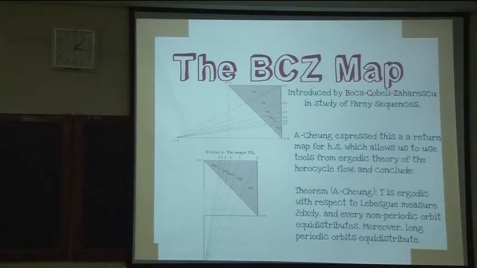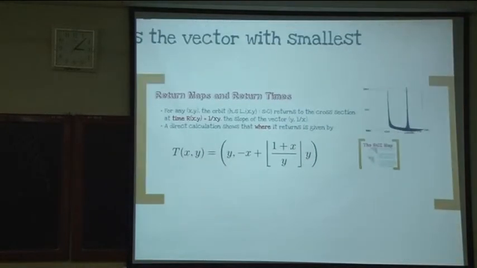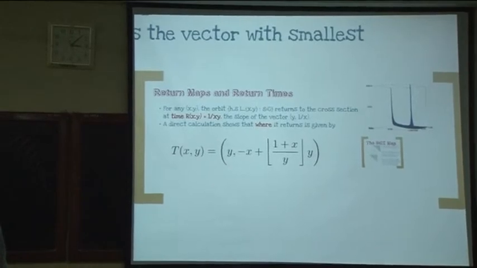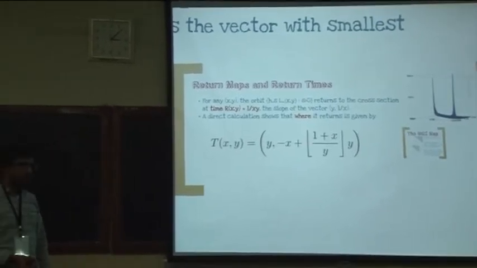Can I interrupt you with a question? Yes. So the triangle is the cross section, right? Yes. And it's the set of lattices which have a horizontal vector of length less than or equal to 1? Length less than or equal. Okay. So it's two-dimensional. It's codimension one. If you specify it equals 1, you get a one-dimensional set instead of a two-dimensional set. Can you repeat again why it's a triangle?